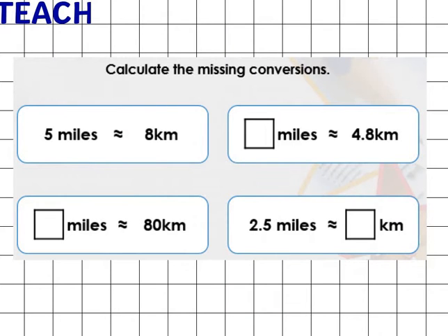Our next question. So we know 5 miles is roughly equal to 8 kilometres. So 5 miles, what would that be in kilometres? It is 4.8 kilometres. So thinking about that, roughly we can see here the question: how many miles would be 80 kilometres, and 2.5 miles would be how many kilometres?